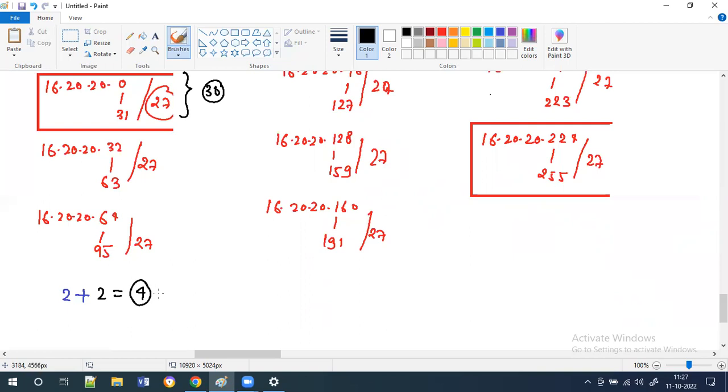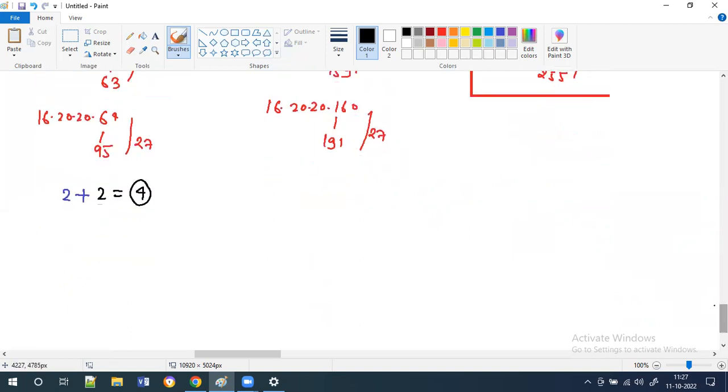So you can understand from two point of view. First is total is 32. I need 8. I need 4.